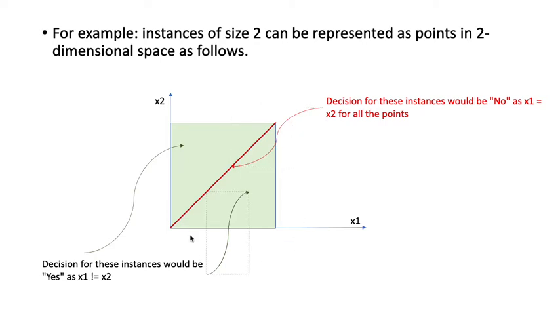For the rest of the region that lies on either side of this diagonal, the decision is going to be yes, as x1 is not equal to x2 for both of these regions. So it gives us an important insight that is going to be helpful to prove this claim.